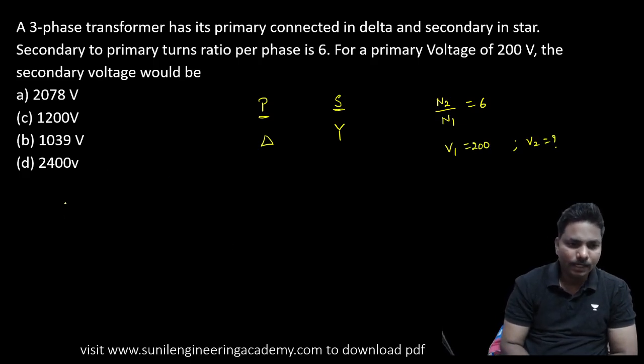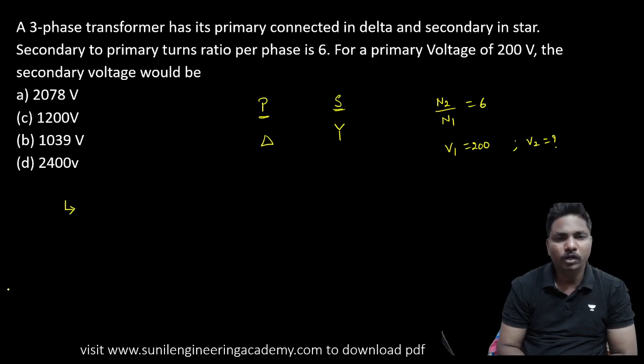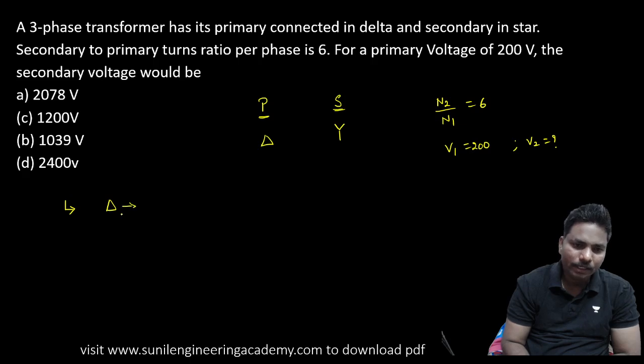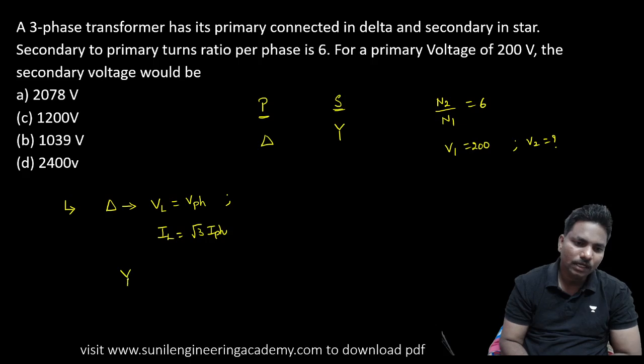While calculating three-phase transformers, we have to remember one important thing, which we already know from network analysis. In case of delta connection, line voltage is equal to phase voltage, but line current is root 3 times phase current. In case of star connection, line voltage is root 3 times the phase voltage, and line current is equal to phase current.